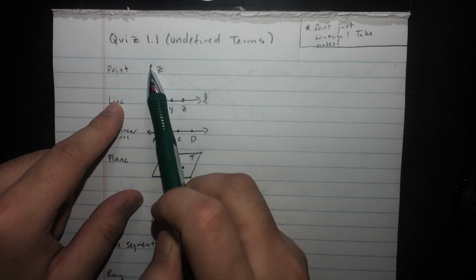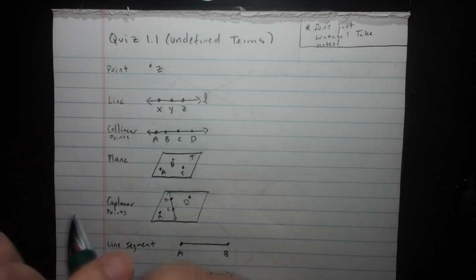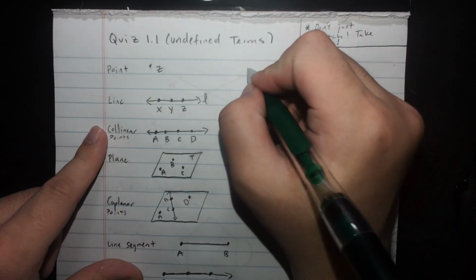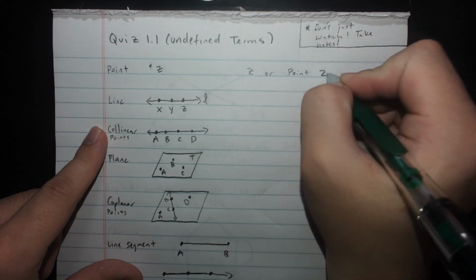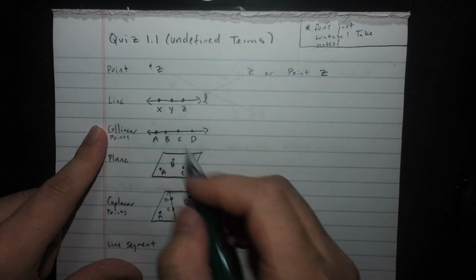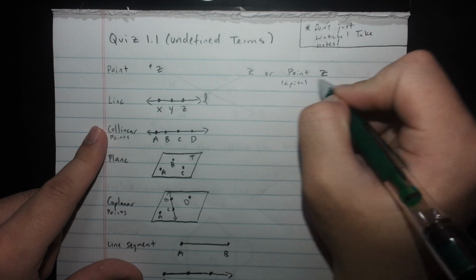So here's my dot or my point. This is my location, and we use the capital letter right next to it, which in this case is Z. So we call this point Z. The rule here is that we just use a capital letter to name a point.